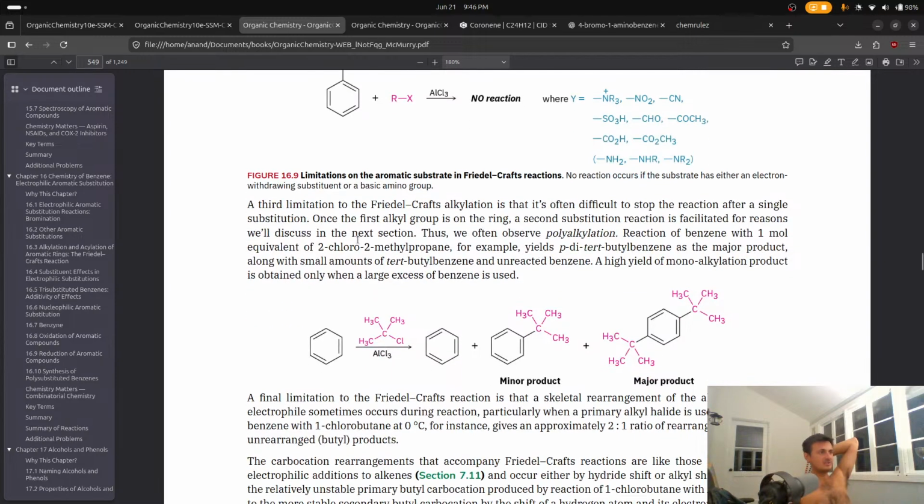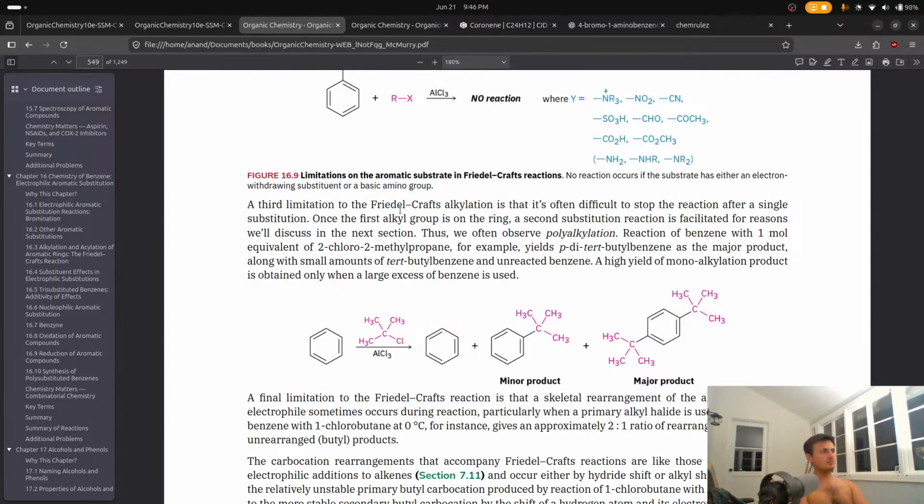A third limitation to the Friedel-Crafts alkylation is that it's often difficult to stop the reaction after a single substitution. Once the first alkyl group is on the ring, a second substitution reaction is facilitated for reasons we'll discuss in the next section. Thus, we observe polyalkylation.